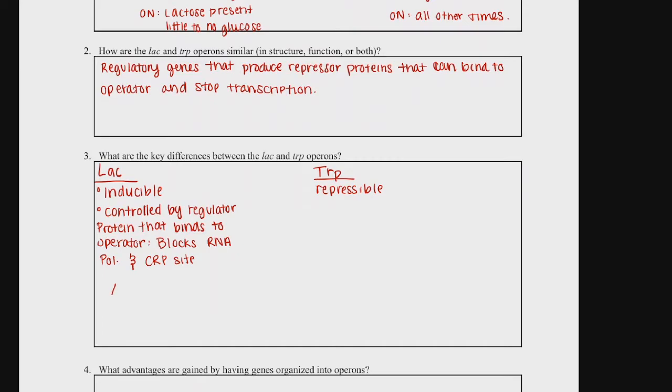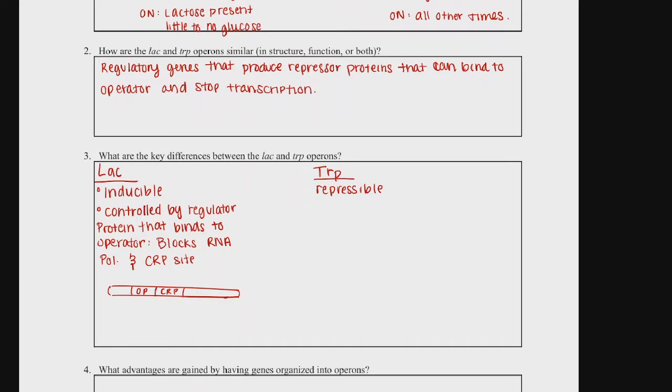I like pictures, so I hope that this is helpful. But if this is the operator and this is CRP, just remember that CRP enhances the interaction of RNA polymerase with the promoter region, and so this is really responsible for making sure that connection stays strong and keeps going, and it really pushes for the expression of those genes to happen.